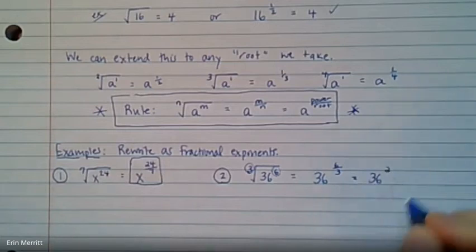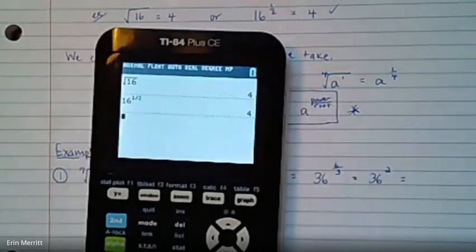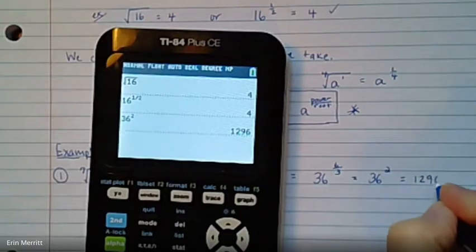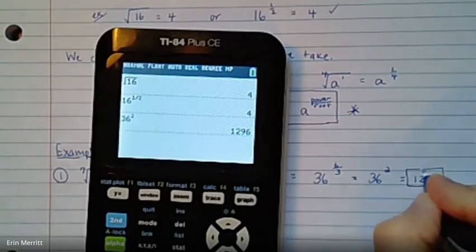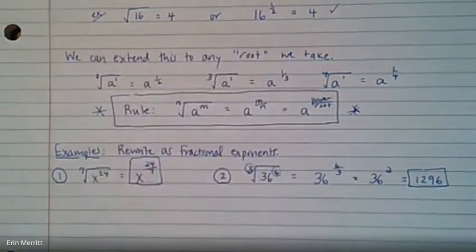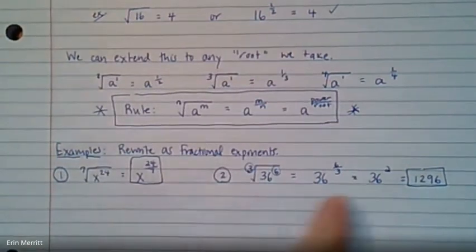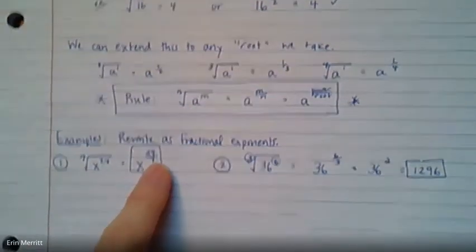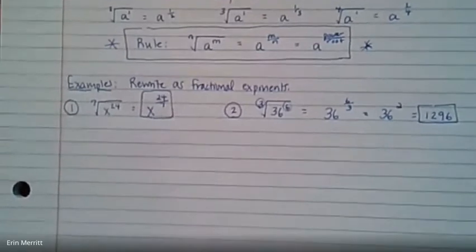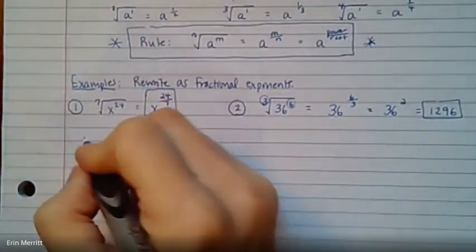And then I'm just saying, all right, what's 36 squared? So if we grab our calculators and do 36 squared, that would be 1,296. Done. So sometimes you're going to get it where you can clean it up a bit. Sometimes you're like, that's about as good as it's going to go. And that's okay.